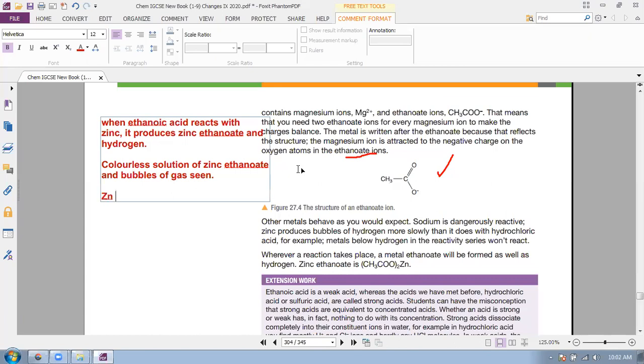Now the reaction is zinc plus ethanoic acid, CH3COOH, arrow, zinc ethanoate. So CH3COO first, then zinc, 2 here, 2 of zinc, H2.